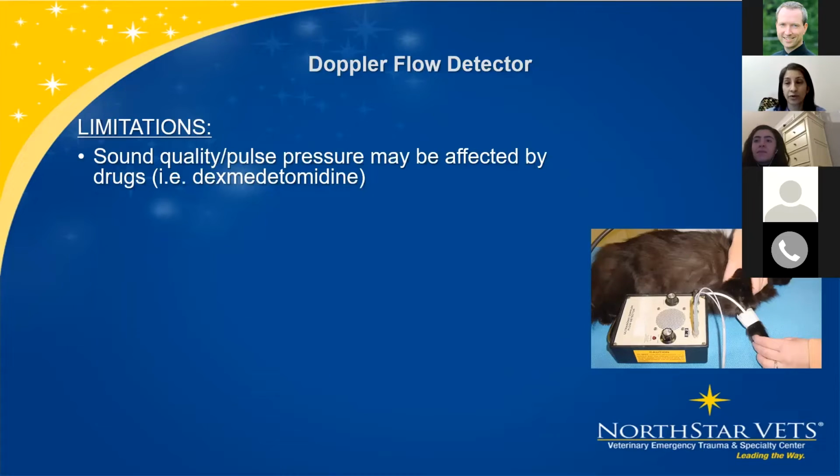So while we know that dexmedetomidine causes vasoconstriction and a rise in blood pressure generally, because the systolic and diastolic pressures start to get closer together to each other, that pulse quality often becomes more poor to palpate or to listen to. Usually the effect is short-lived, but it kind of depends on the dexmedetomidine dose.